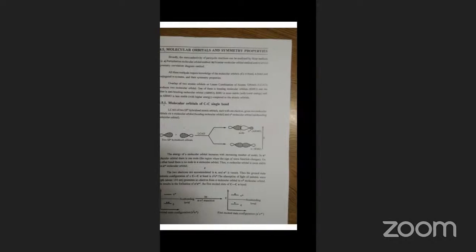Let us take one example, that is 1,3-butadiene. This is the 1,3-butadiene molecular orbital diagram. In this 1,3-butadiene, totally 4 pi-bonded electrons are present.